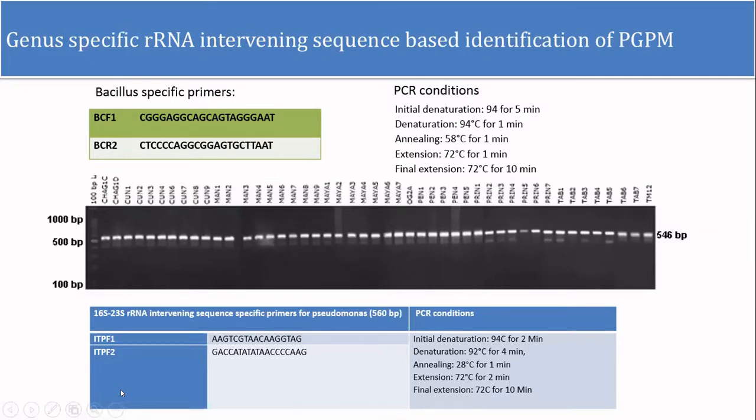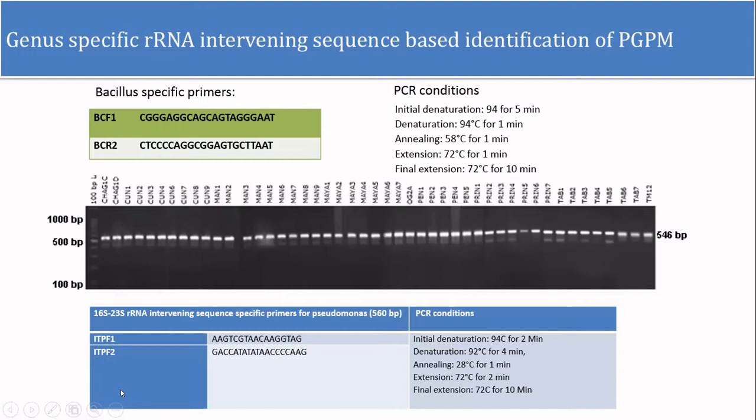And here, as I told you, in addition to the 16S rRNA genes, there may be some genus-specific rRNA intervening sequence-based primers that would have been developed for a specific genus.